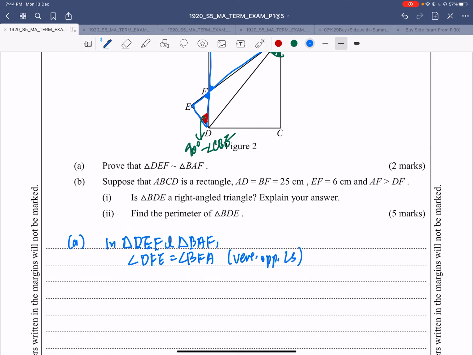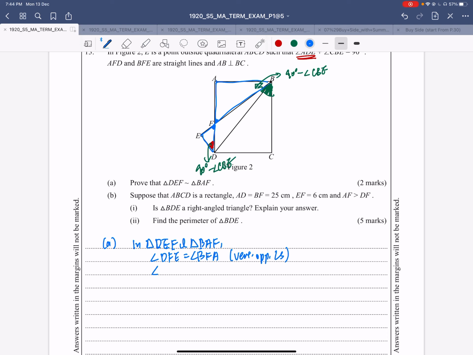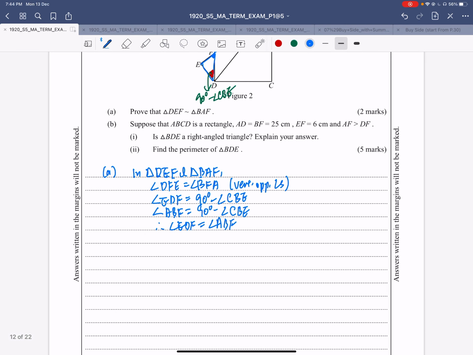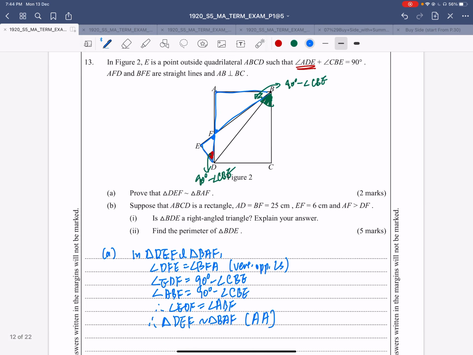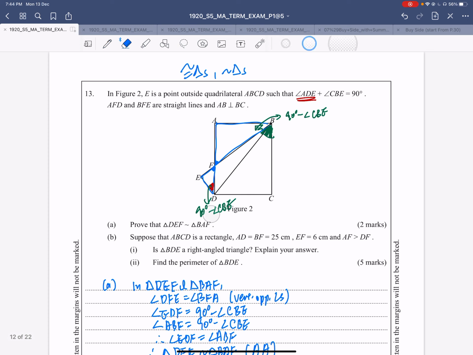And secondly, angle EDF equals 90 degrees minus angle CBE, whereas angle ABF is also equal to 90 degrees minus angle CBE. Therefore, angle EDF equals angle ABF. And eventually, we can prove that triangle DEF is similar to triangle BAF. The reason is AA. So these two triangles are similar.